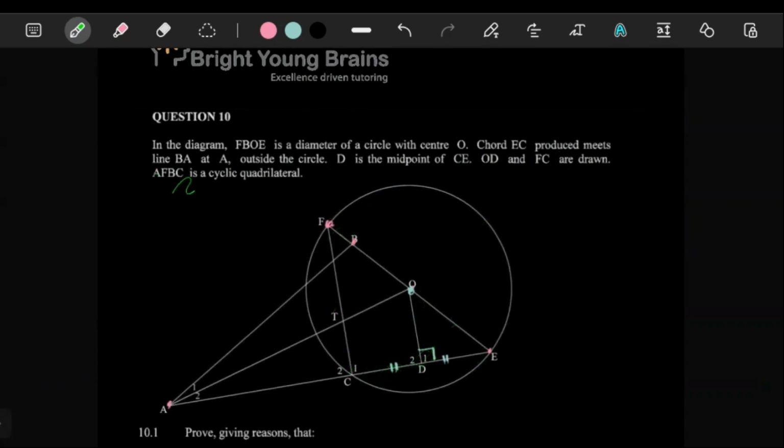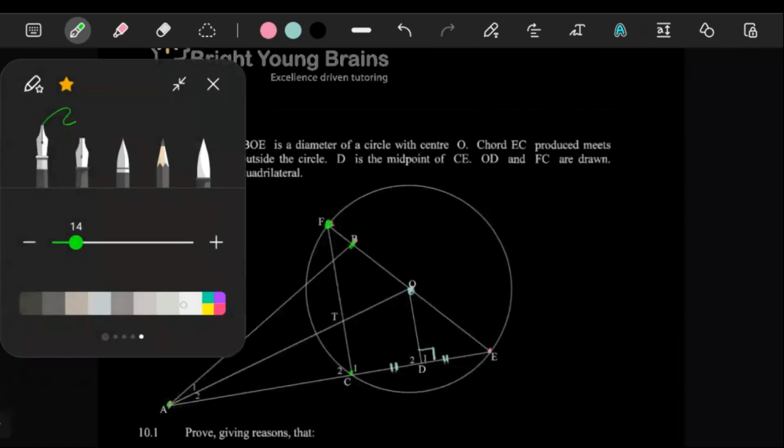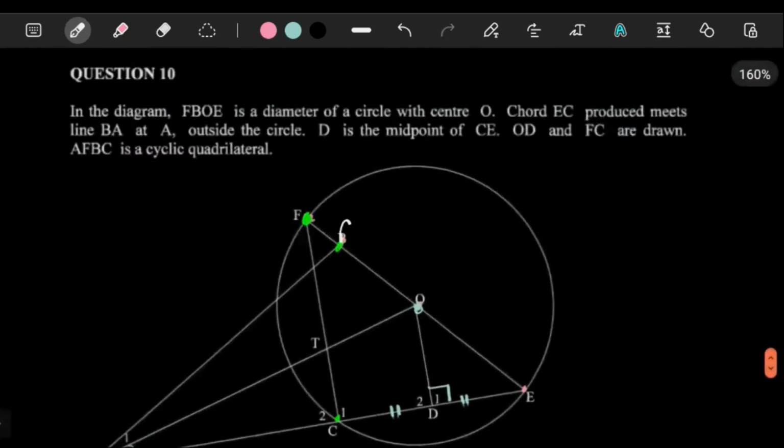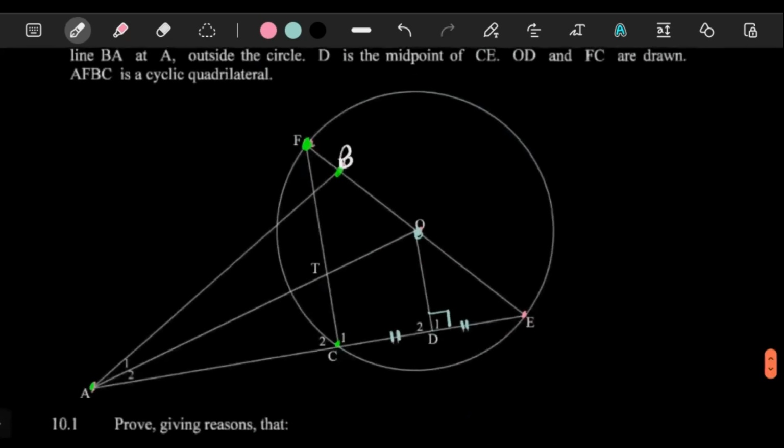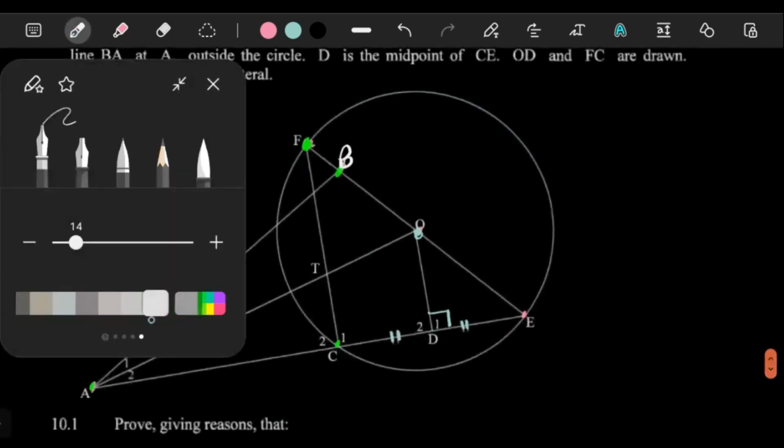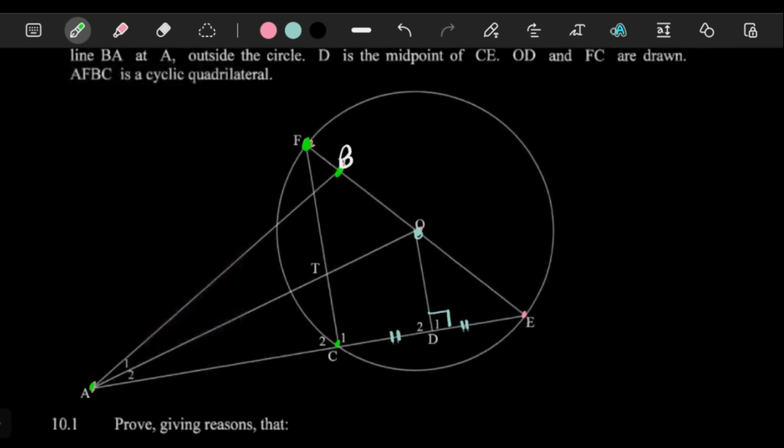And then they said here AFBC is a cyclic quad. So this is very important. AF, B, and C. They say that's a cyclic quadrilateral. Now, that's very significant, because if they told us that this shape is a cyclic quad, you have to pay attention to how these 4 points are doing some funny zigzag thing here.